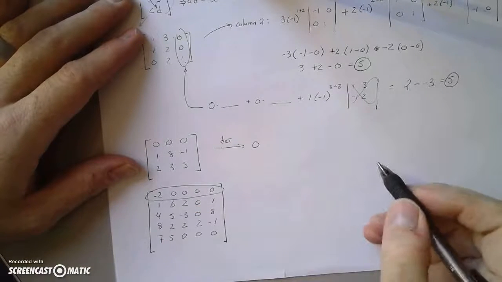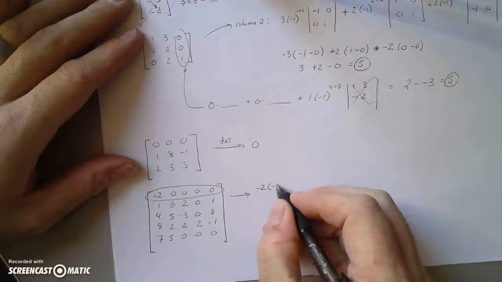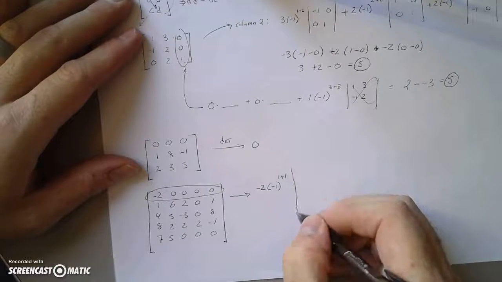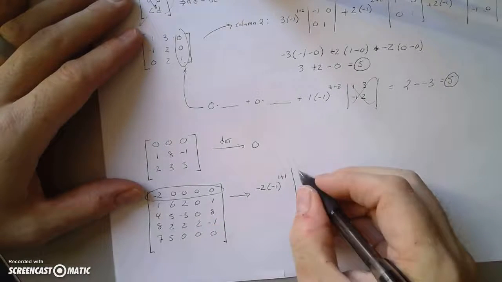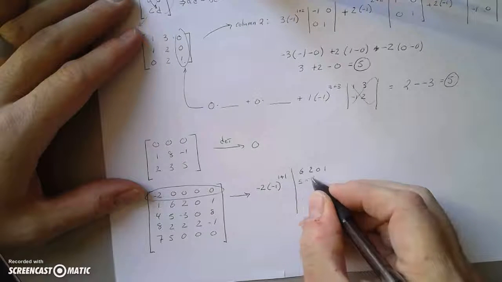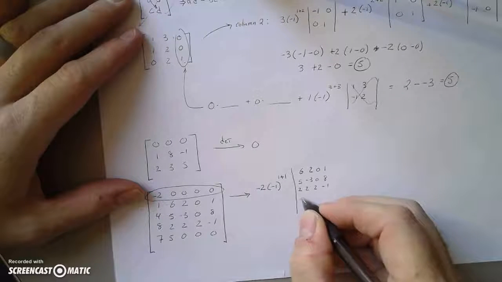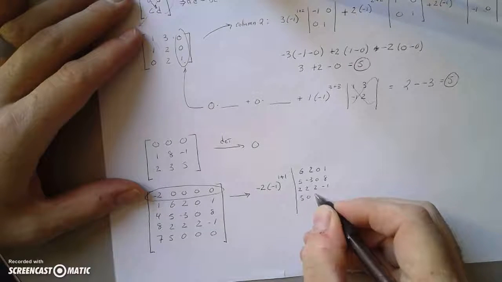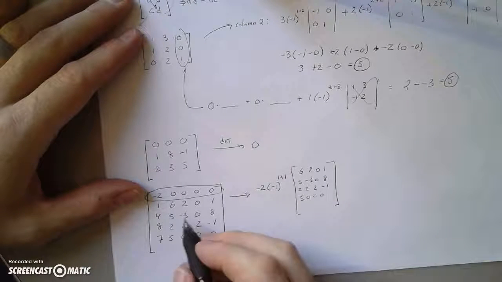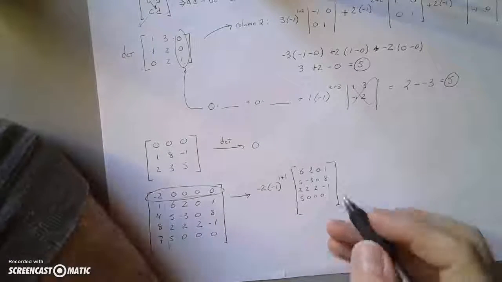If we choose the first row, then we'll have minus 2 times minus 1 to its address, first row, first column, times the 4 by 4 determinant. Whoops, that last row is really convenient.